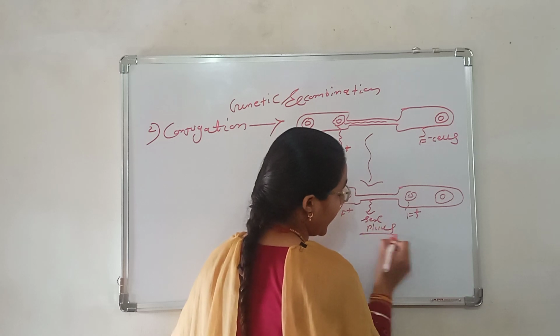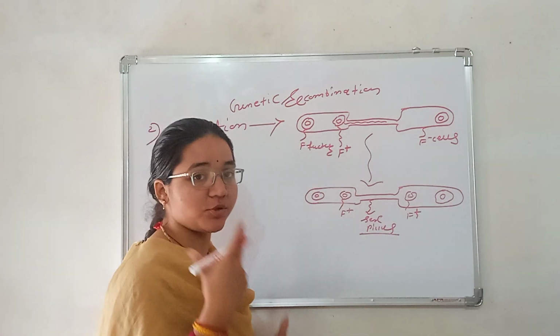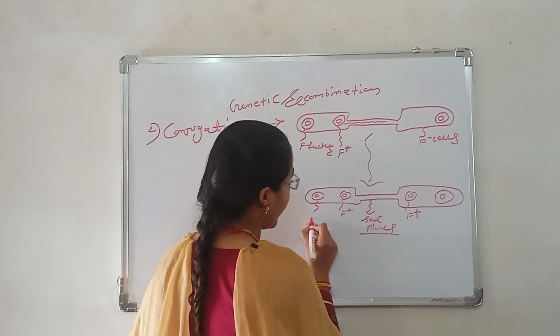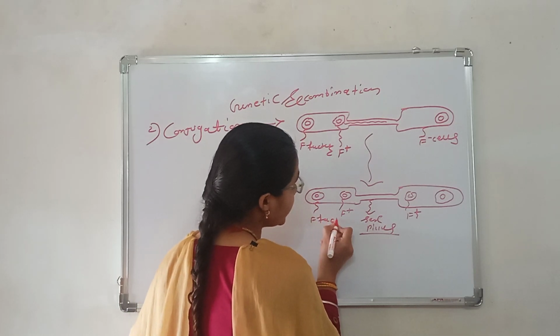This portion, which carries out the combination between the cells, is called the sex pilus. Okay, and it is the F factor of the donor cells.